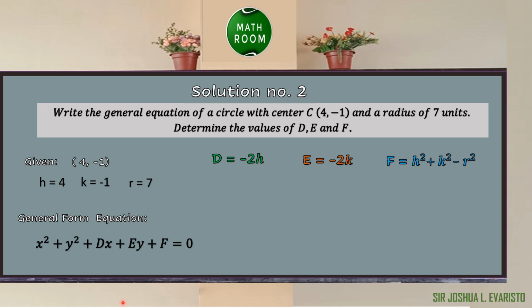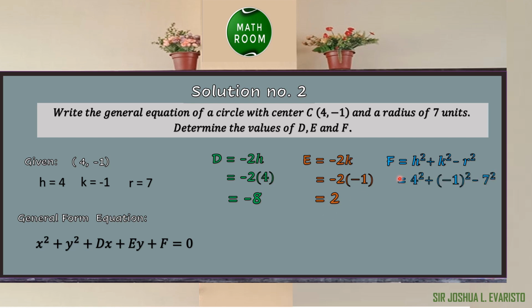We will now substitute the given values to identify our d, e, and f. So for d, we have negative 2 times 4, since h is equal to 4. Negative 2 times 4 is equal to negative 8. For e, we have negative 2 times negative 1, since k is equal to negative 1. Negative 2 times negative 1 is equal to positive 2.